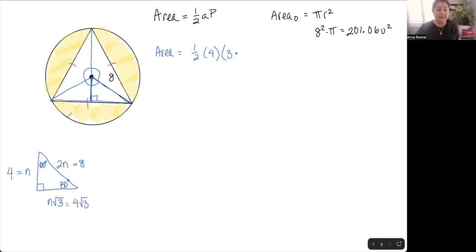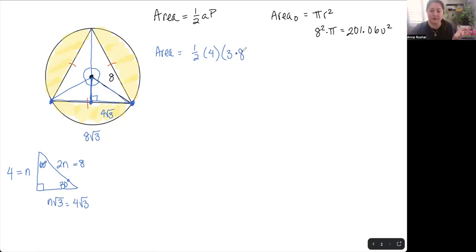But remember, we're only dealing with half of this right triangle that's right here. So this portion from here to here is 4 root 3. That must mean that the entire portion going from one vertex of the triangle to the complete opposite vertex of the triangle is going to be 8 root 3, right? Because I'm doing 4 root 3 plus another 4 root 3.